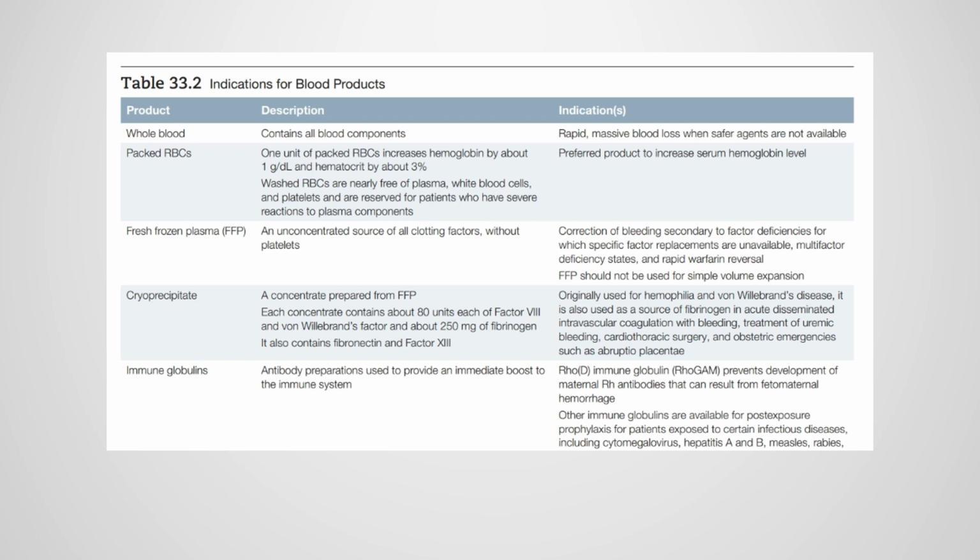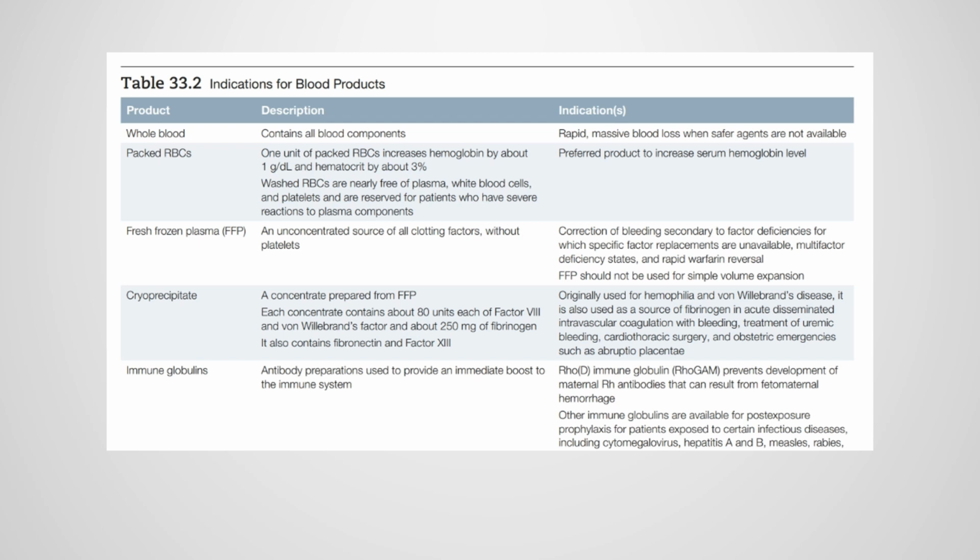So for example, packed red blood cells. So one unit of packed red blood cells typically will raise your hemoglobin by 1 gram per deciliter. Okay, and so someone, for example, who is anemic and they're symptomatic with their anemia.